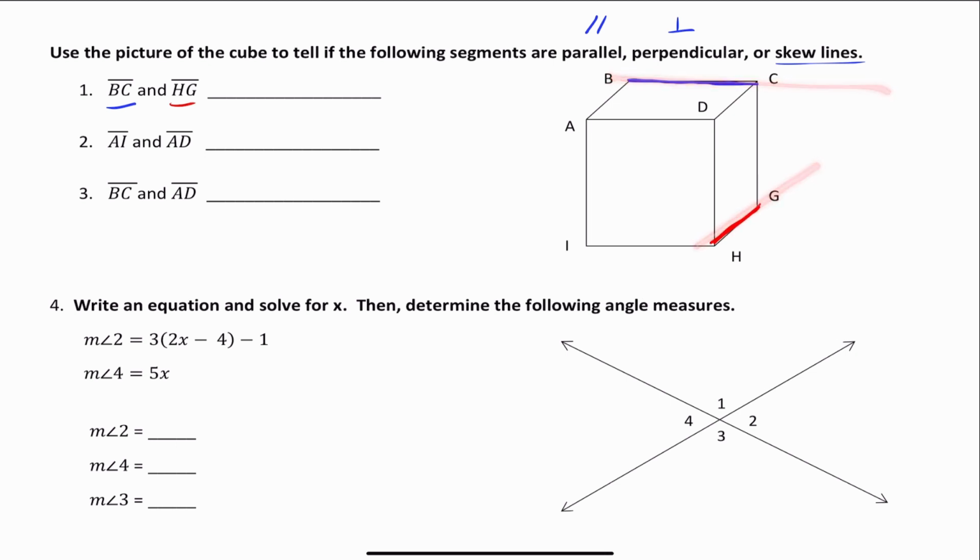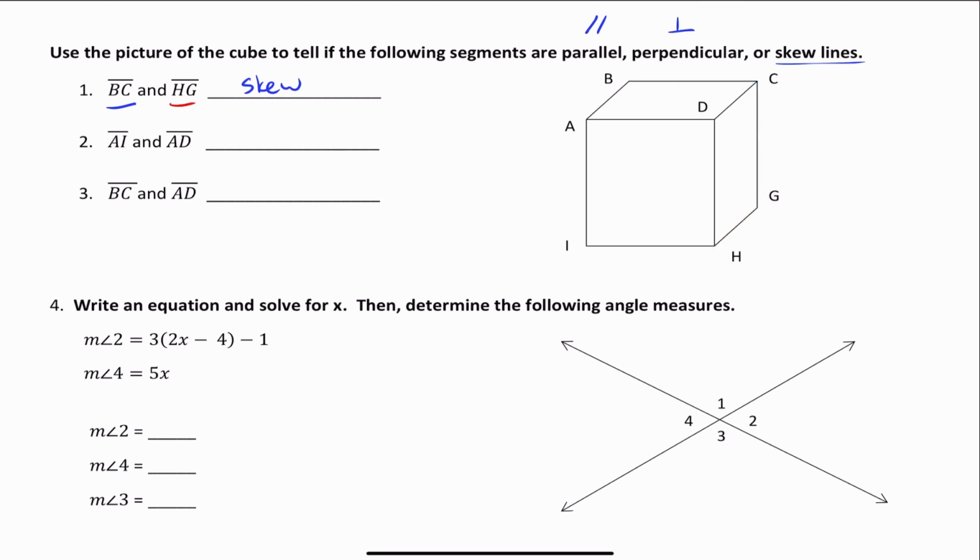From our point of view, because this is on paper, yes, it looks like it's going to intersect, but if I actually had a cube in my hand and looked at these two segments, they're not going to intersect whatsoever. So that's actually skew. So we'll call this skew.